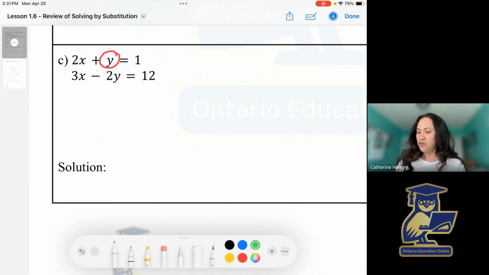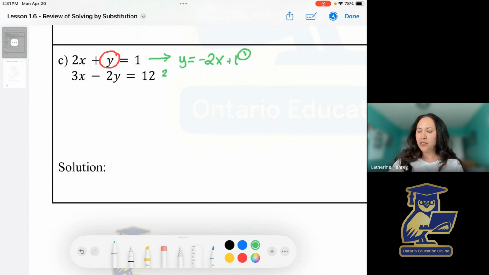So what I'm going to do before I start is rearrange that first equation and solve for y. So here y is going to equal negative 2x plus 1. So I took that 2x over to the right side and it became negative. That is now what I will name equation 1.